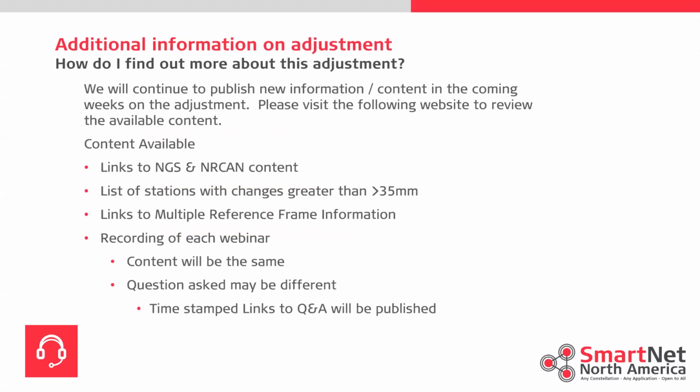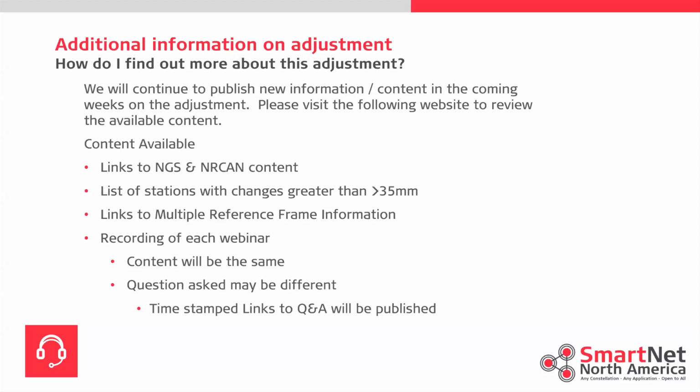Tyler, how do we find out more about this adjustment? We will continue to publish new adjustment content in the coming weeks, so we'll continue to update the knowledge base with new content. Please visit the support.smartnetna.com web address, and content will be available. We'll have links to the NGS and NRCan content that we've referenced today.